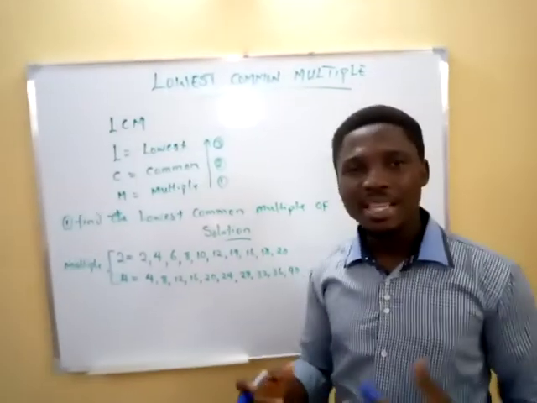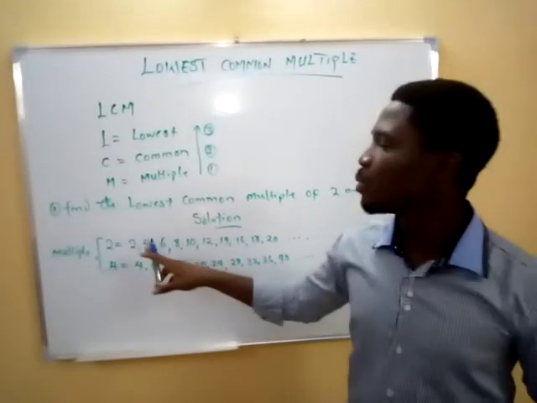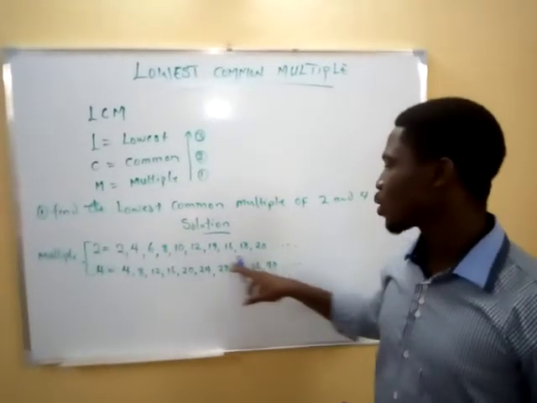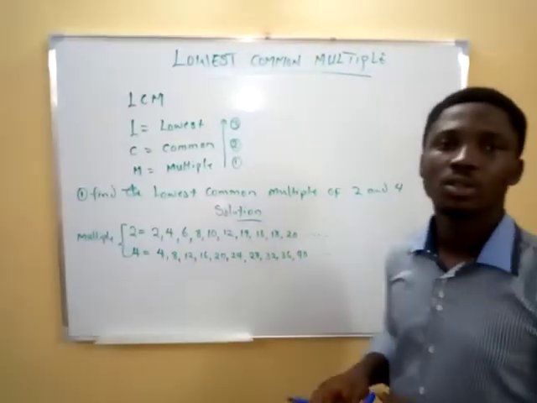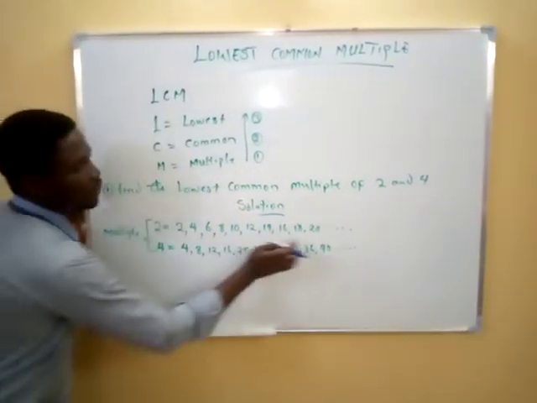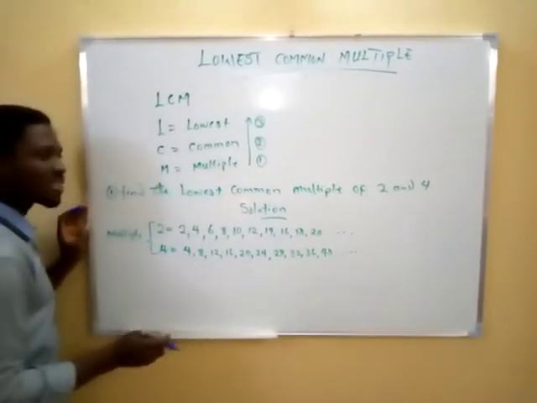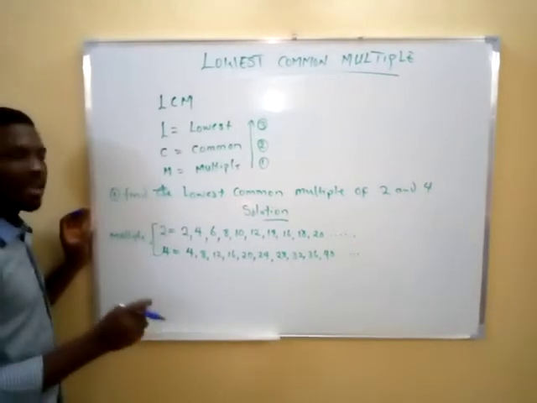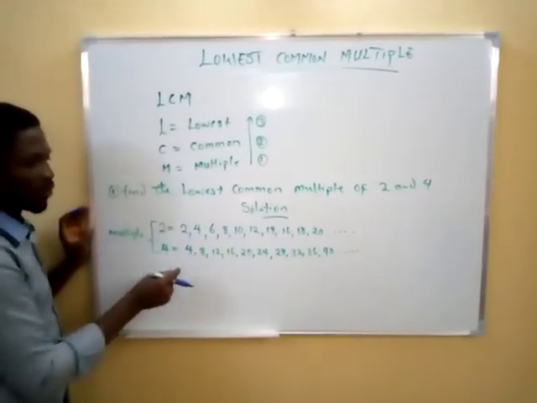Common multiple is simply the multiples that exist both in the products of 2 and also in the products of 4. So what you can see in the products of 2 and you can also see in the products of 4 is referred to as a multiple that is common between 2 and 4.